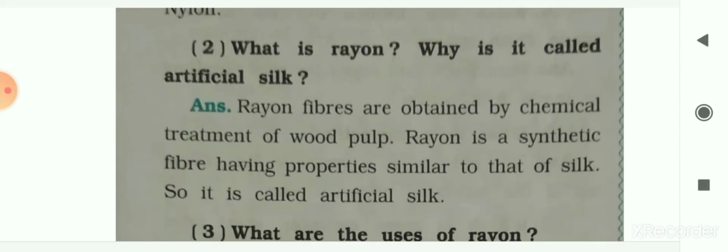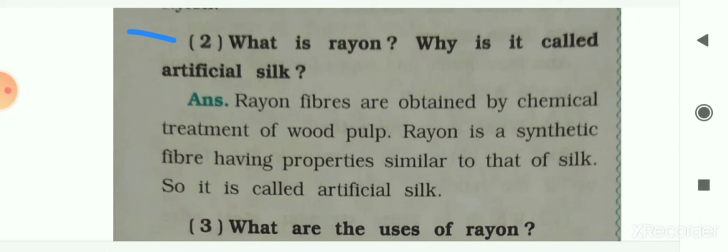Now the next question is, what is rayon and why is it called artificial silk? So rayon fibers are obtained by the chemical treatment of wood pulp. Through this wood pulp we are making the rayon fibers using chemical processes, and rayon is a synthetic fiber which has properties that are similar to that of silk.